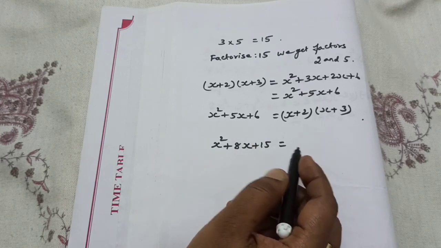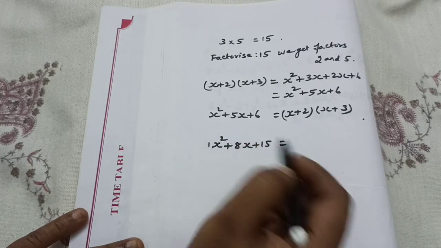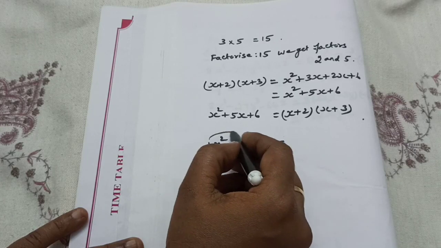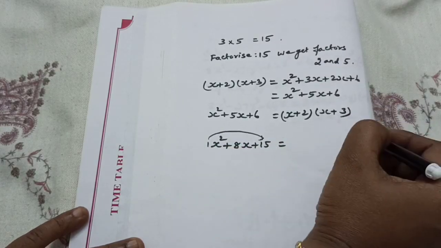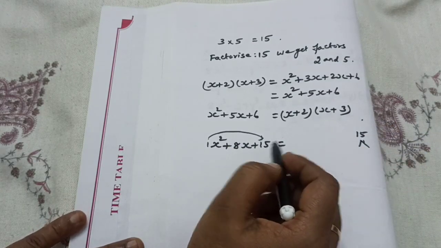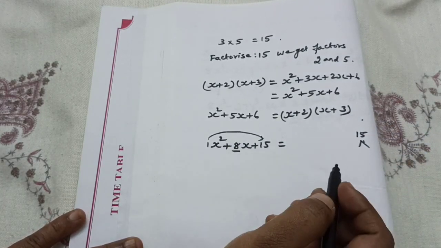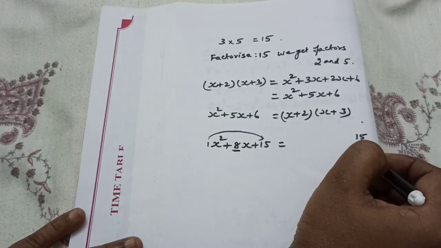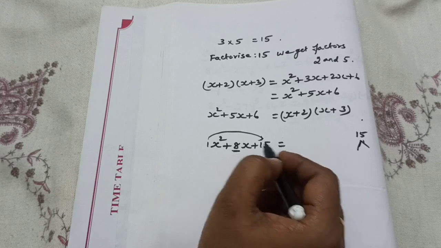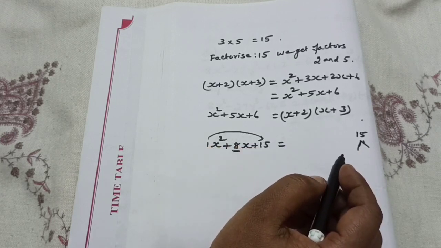How can we find? Here the x square coefficient is 1, isn't it? This 1 and 15 we have to multiply. What will we get? 15. Product is 15, sum is 8. What are the numbers we will get? Sum 8 we need, and product is 15.